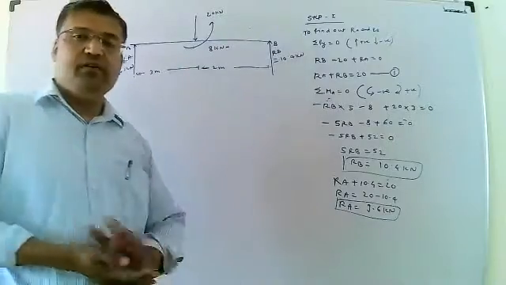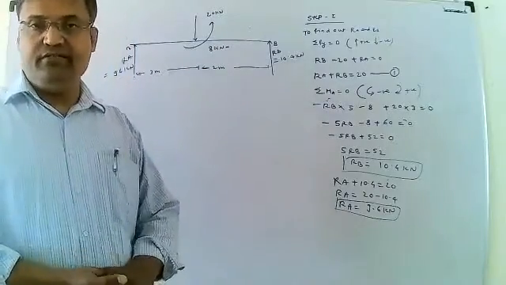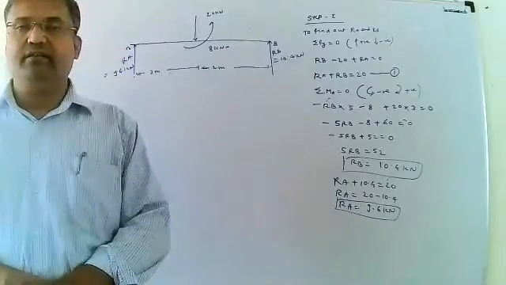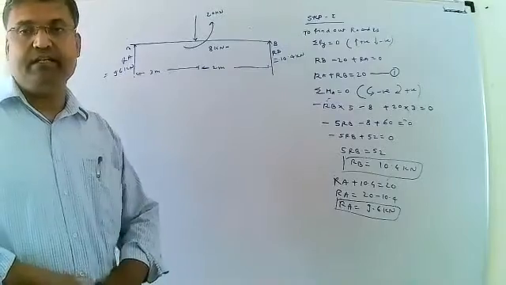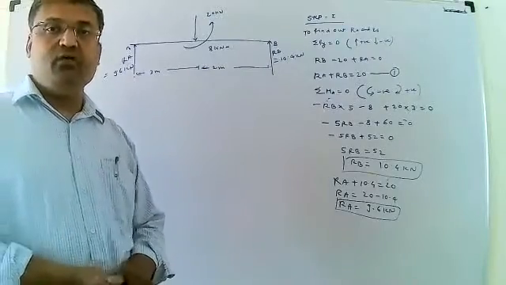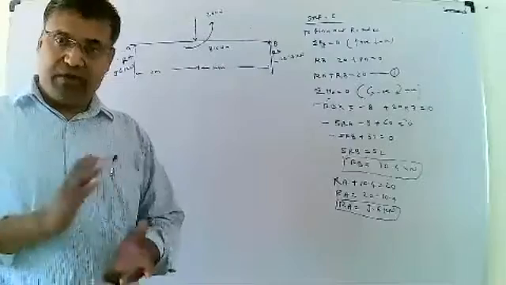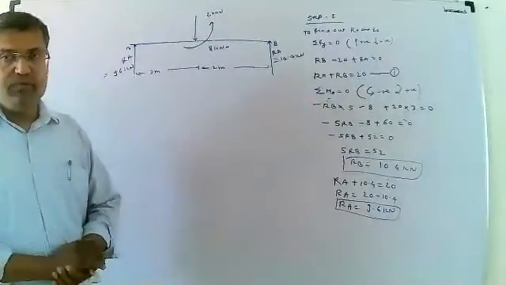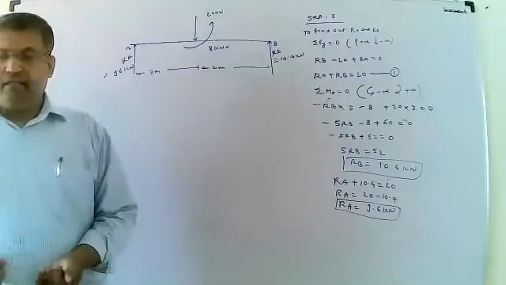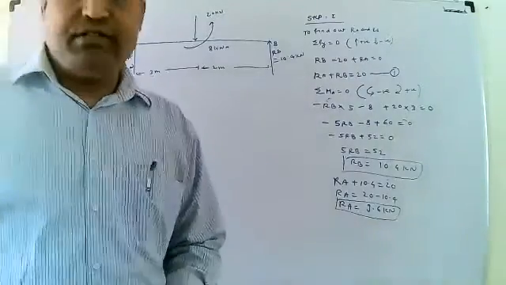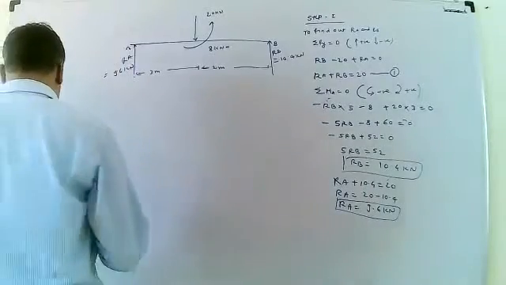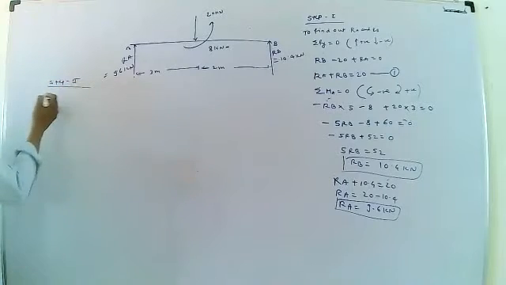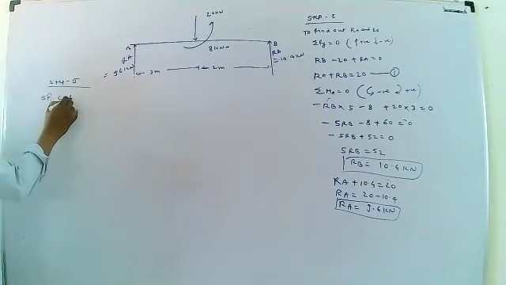In this type of problem, in the first step we calculate the reactions at the supports A and B, that is RA and RB, according to the equilibrium conditions: summation of Fy is equal to 0 and summation of moments about A is equal to 0. Then in the second step we calculate the shear force. Step number two, SF calculation.